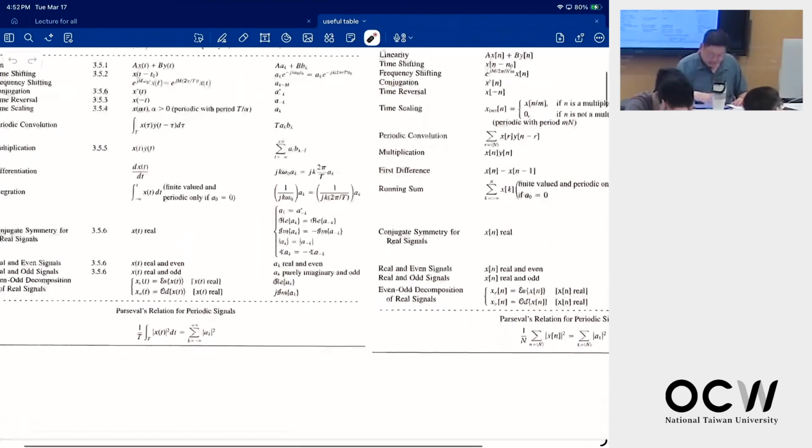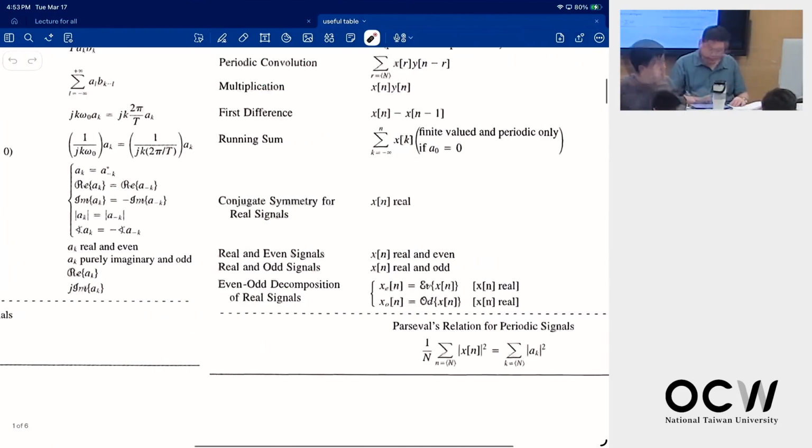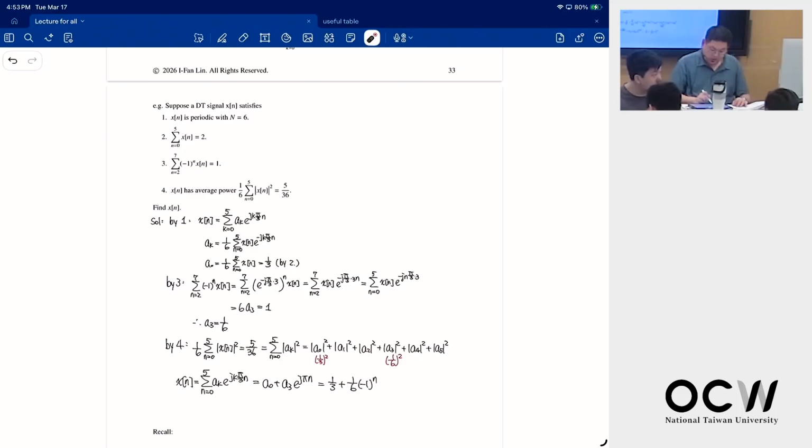Okay, I think I haven't mentioned that for the Parseval's theory. So the Parseval's relation for the periodic signals: the signal's power, you can also compute as the summation of your coefficients squared. So this one equals all the coefficients' magnitudes squared.